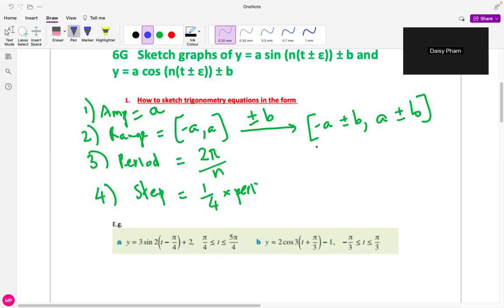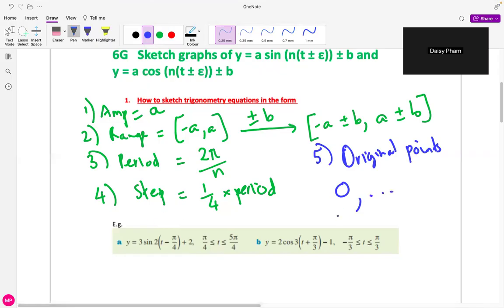Now, our next step is we're going to find the original points, so the points before the horizontal translation. So you start with 0, and then each time you're going to add one step. So 0 and then plus the step each time.